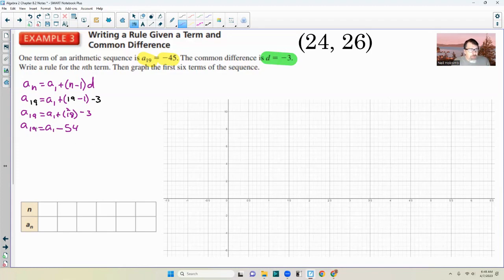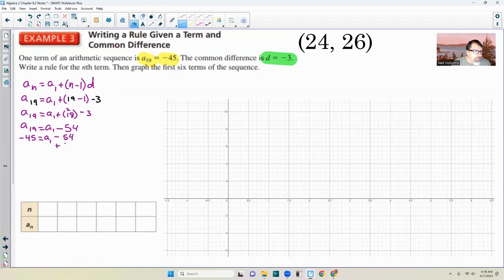So I have two unknowns here, but I don't, because I know a sub 19 is negative 45. So I'm going to substitute in negative 45 for a sub 19, like so, and I get a sub 1. Oops, not equals, minus. So it's a sub 1 minus 54.